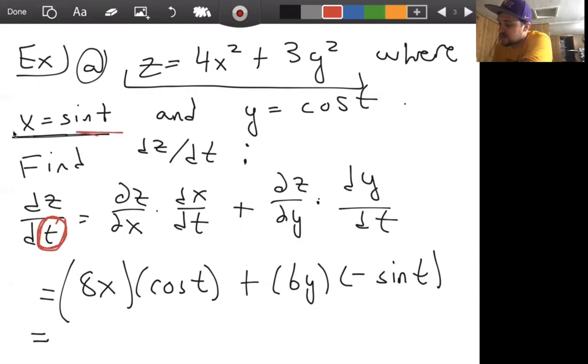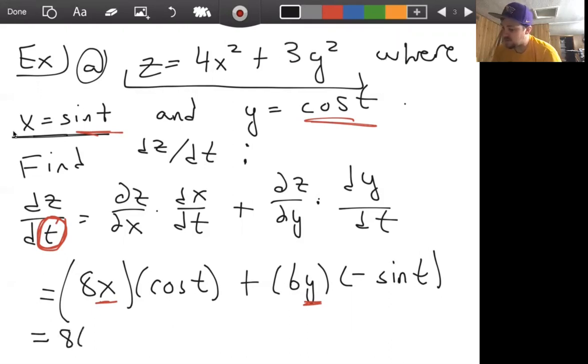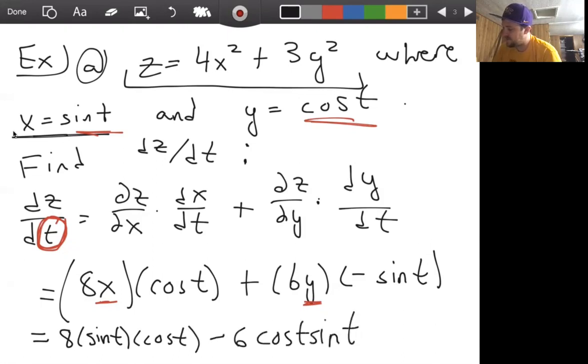Because x and y both depend on t, it is important that we substitute x and y so that our answer is purely in the variable t. So we get 8 times x, which is sine t, times cosine t, minus 6 times y, which is cosine t, times sine t. The answer is 2 sine t cosine t.